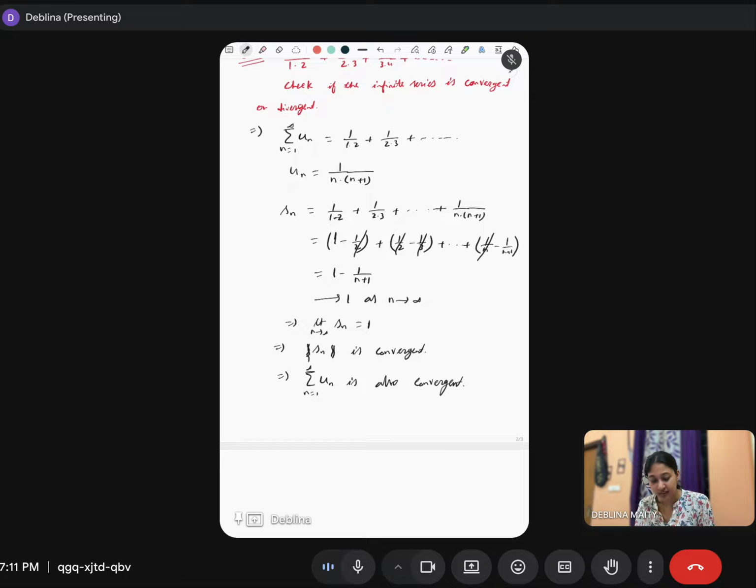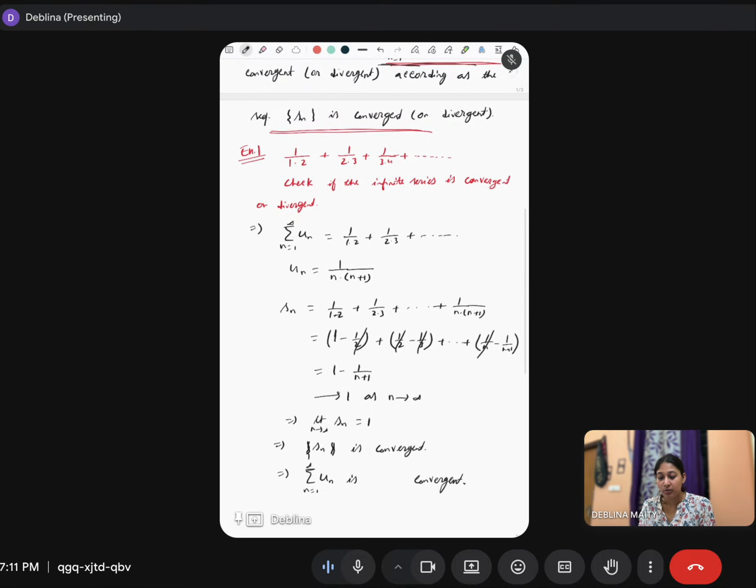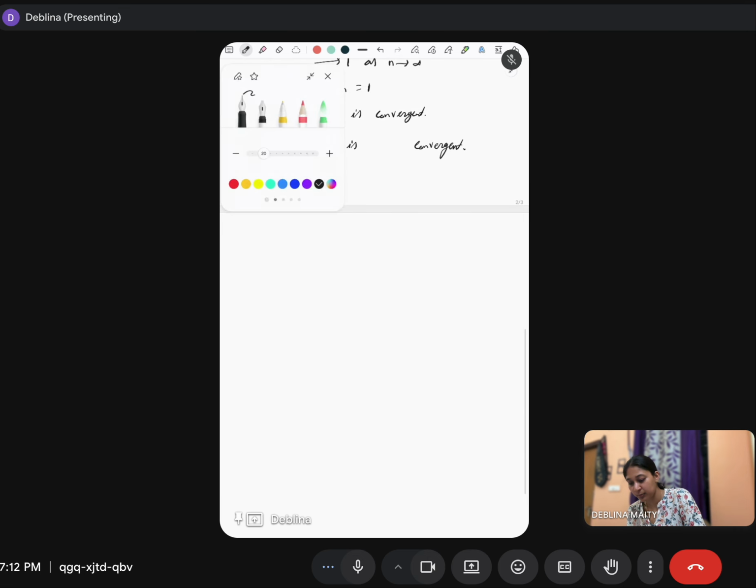So this sum is convergent, which means it gives some finite value, not infinity. Right? Let's go to the next problem.